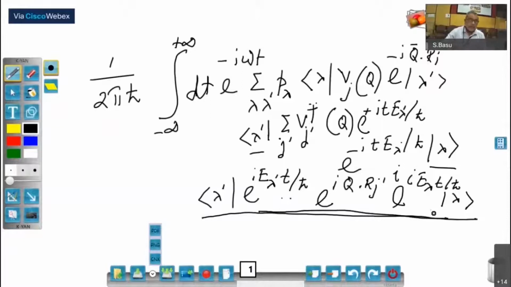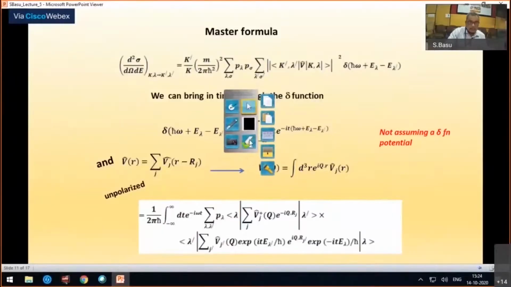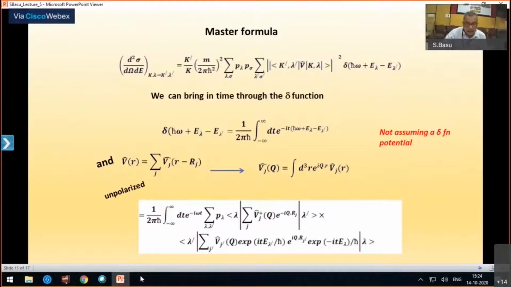I'll go back to the transparency because here it is not so clear. So this is the one which I was trying to write down in longhand, and please notice this term.